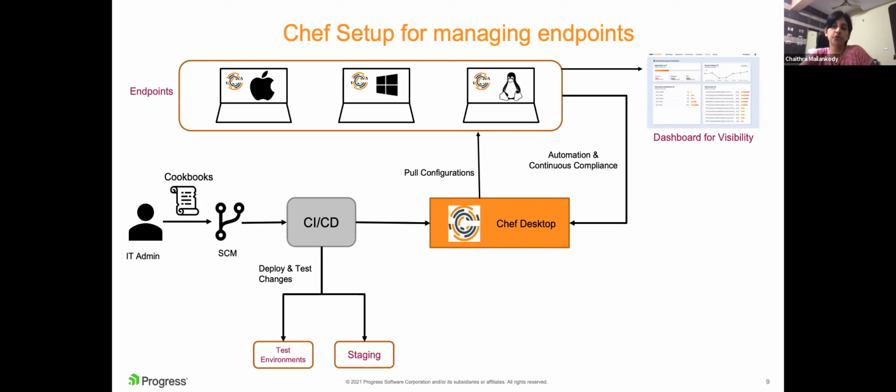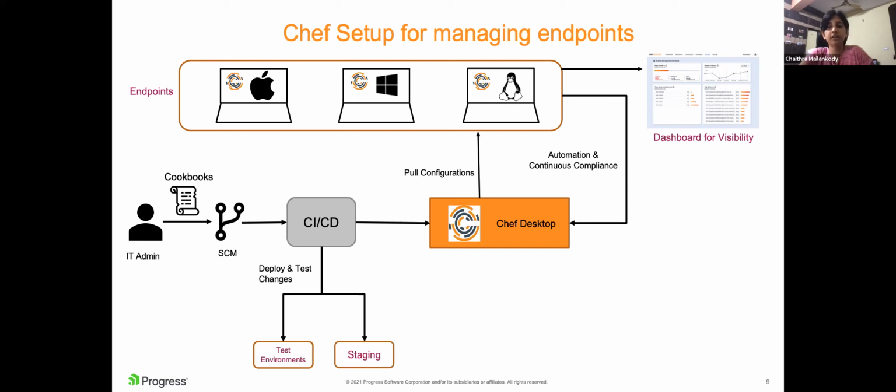So once the cookbooks are uploaded to the Chef server, the Chef client deployed on each device pulls these cookbooks and applies them onto the machines. So every time the cookbook is updated, it is tested, and the latest changes are pulled by the Chef client onto the devices.